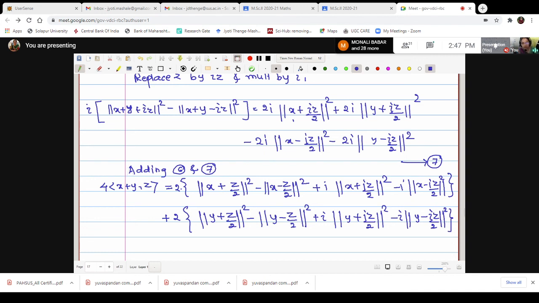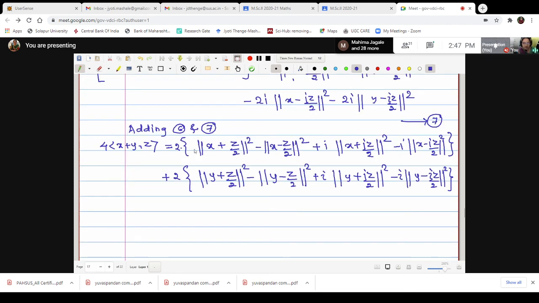Right? Now look at this right hand side very carefully, and by the definition may I say the first bracket is the definition of inner product x with z by 2. That of second bracket is the definition of inner product y with z by 2.